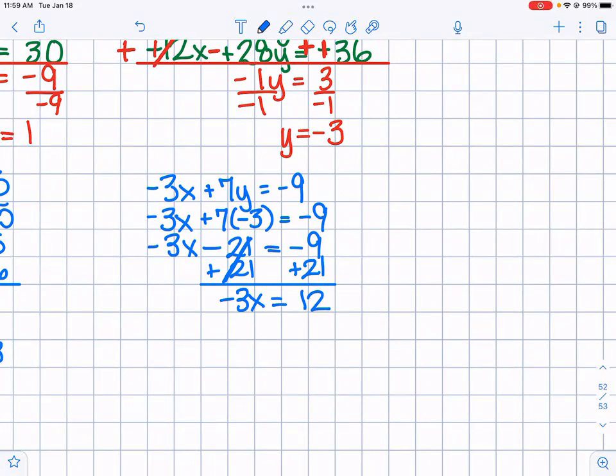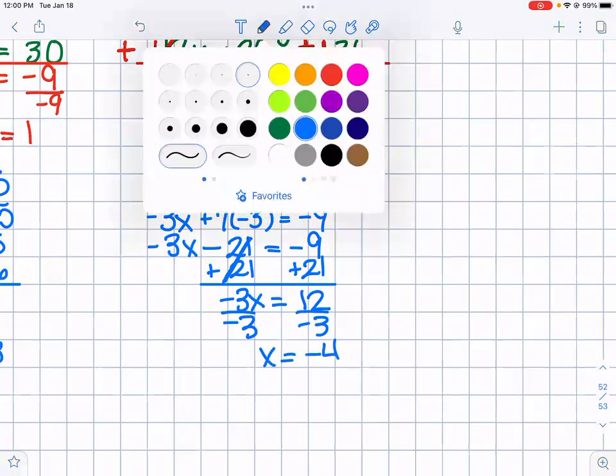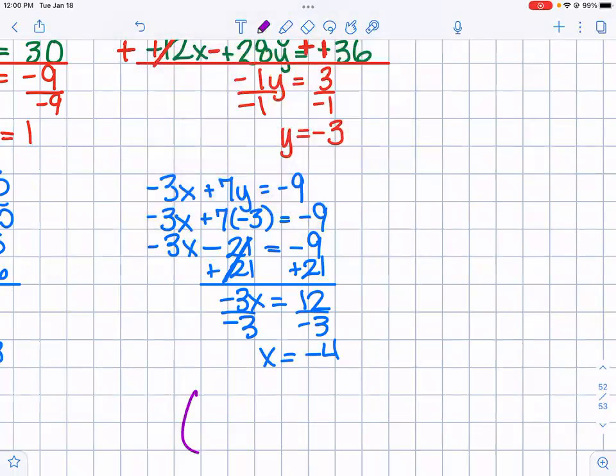What's my last step? Divide by negative 3. And x equals negative 4. So where do these lines cross? Negative 4, negative 3.